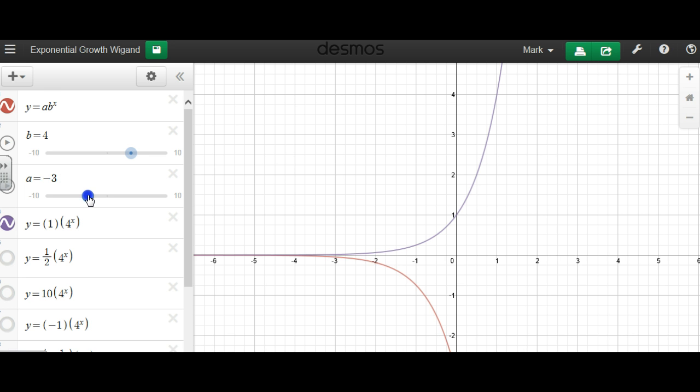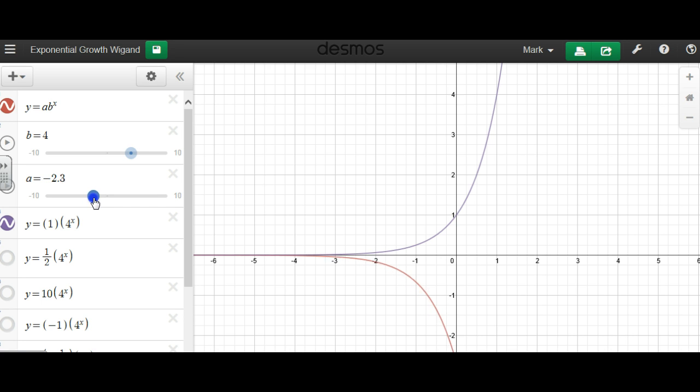So before, when I was saying the a value gets larger, really think about it as the absolute value getting larger. Because this graph, the way it is right now, is not only a reflection in the x-axis, it is also a vertical stretch. So you can have a combination: a vertical stretch and a reflection in the x-axis, or a vertical shrink and a reflection in the x-axis. You can have more than one thing.